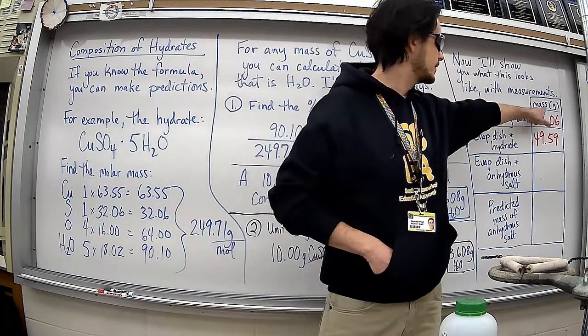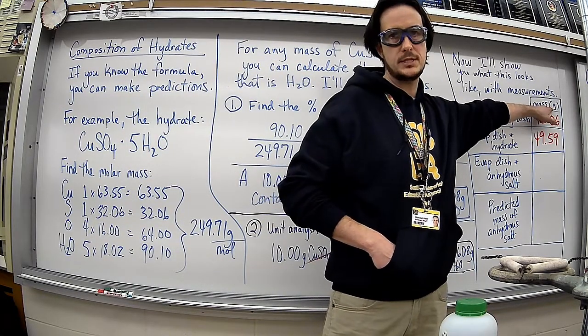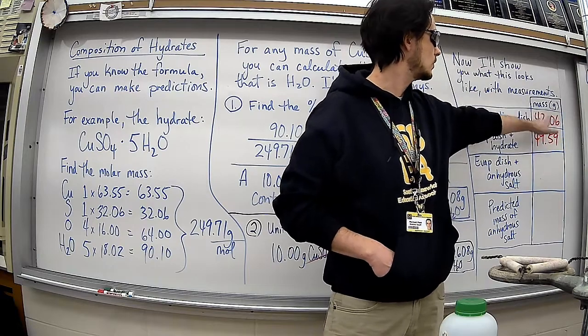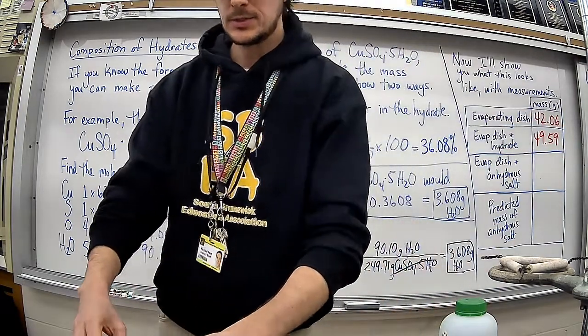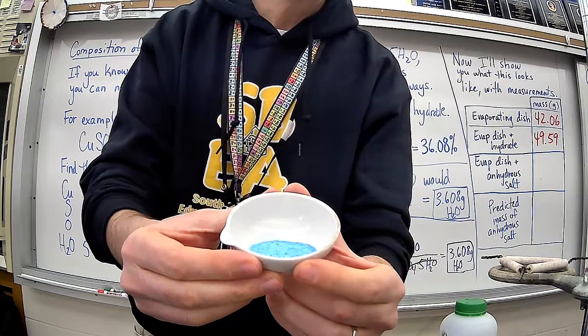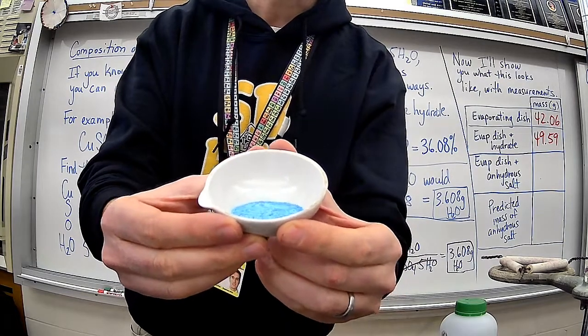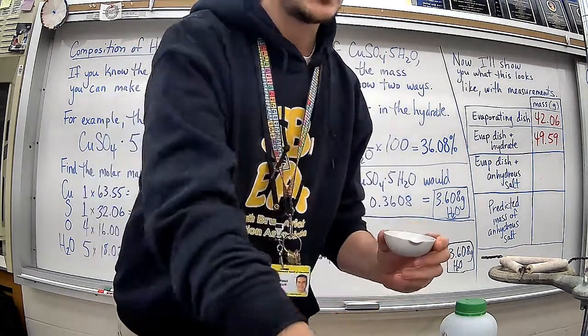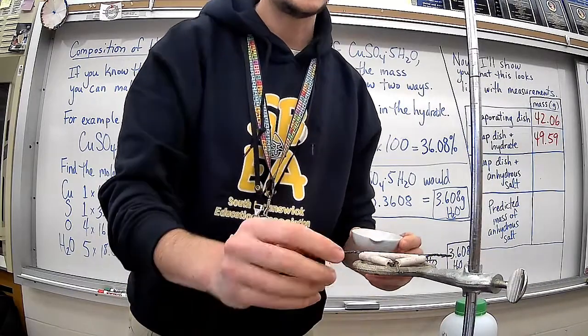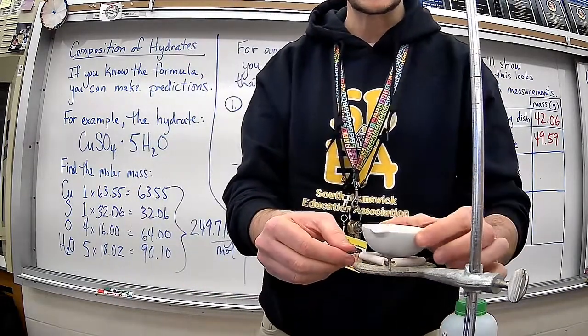Notice I have the grams up here in parentheses so that I don't need to keep writing grams all the way down, mass in grams. Can you see that? Yeah, it's nice and blue, right? Looks like there's water in it. And I've got a ring stand here. I'll show you this setup in a second.